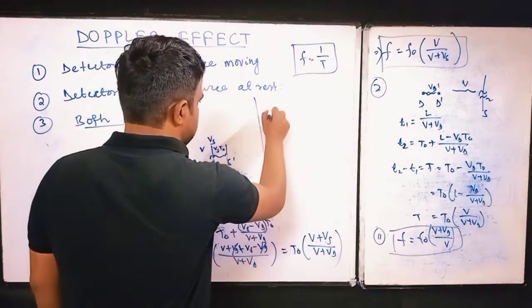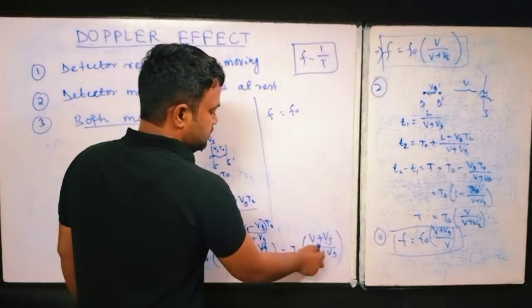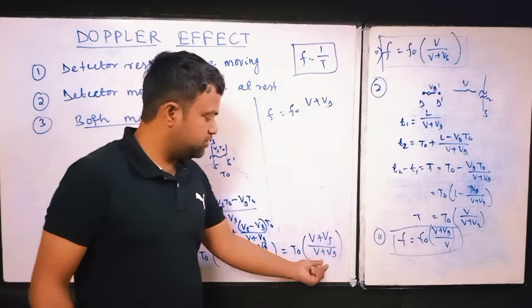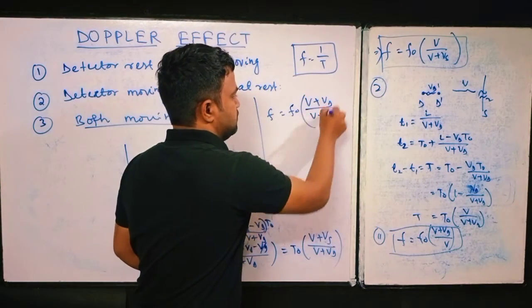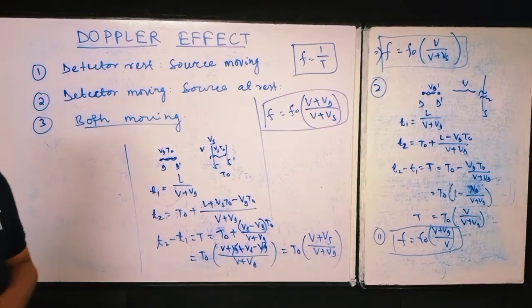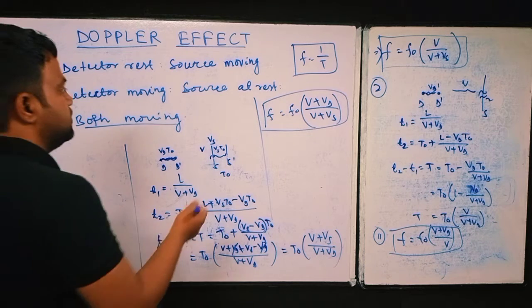In terms of frequency, if you want to write, just take the reciprocal: F equals F0 times V plus Vd in the numerator, upon V plus Vs in the denominator. So this is the modified frequency when both the observer and the source are moving. This is the third case, when both are moving.